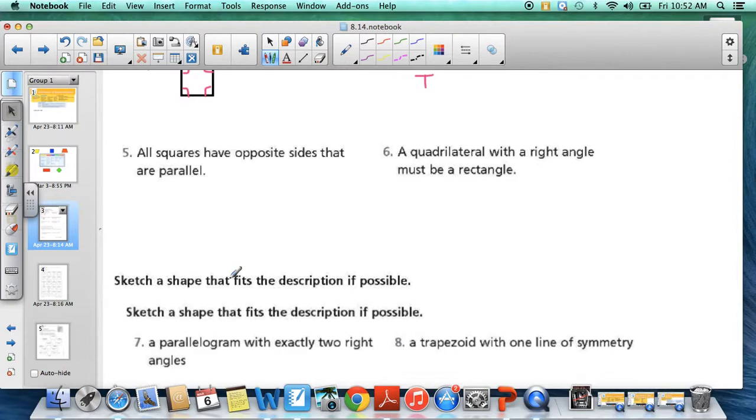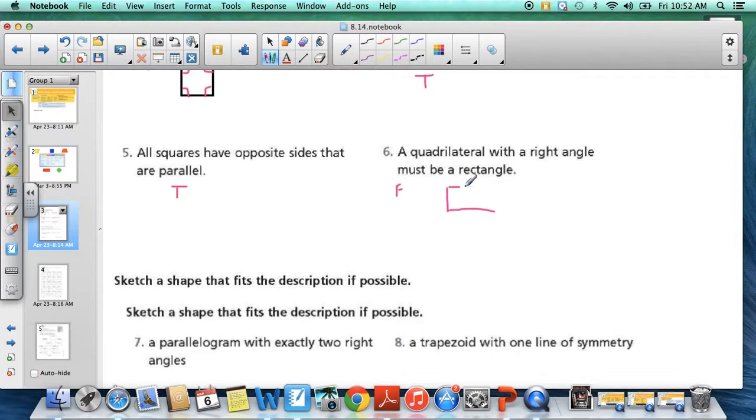Okay, so let's move on to number 5. All squares have opposite sides that are parallel. That is also true. And for number 6, a quadrilateral with a right angle must be a rectangle. That is false. So let's draw one out. Okay, so this is a straight line. This is a straight line.